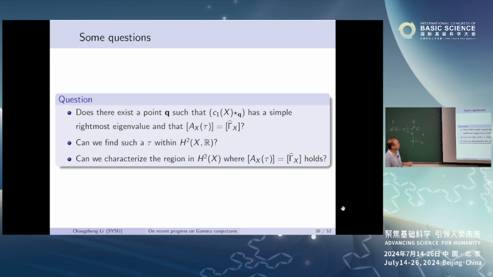But in general, we can ask if there exists a point Q, not necessarily the special point at 1, such that the eigenvalue has a simple rightmost eigenvalue and the corresponding class is given by the gamma class. This is one question. Also, can we find it with real coefficients? It could be complex, but real. And could we describe the region where it holds?